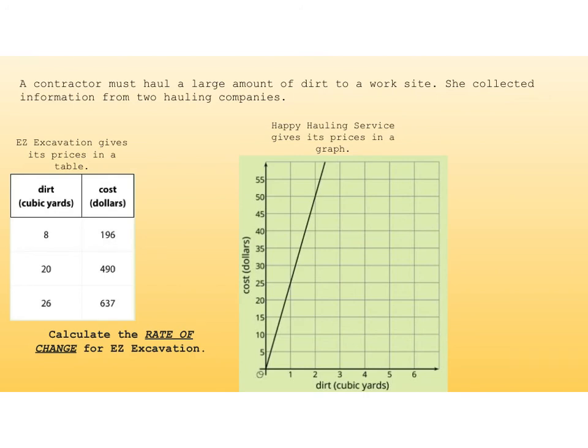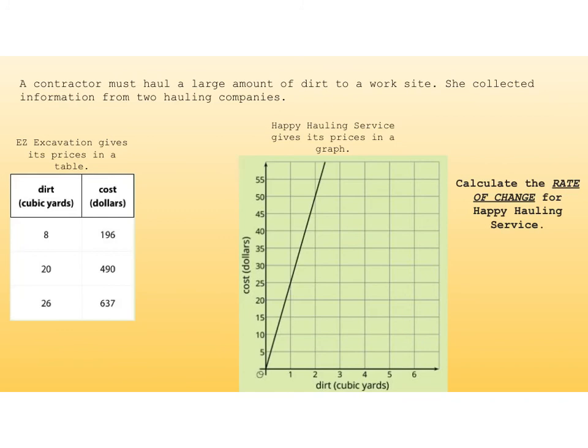We do that to find the cost. So let's see the rate of change, slope. What is it per yard to haul? And again here, how much is the rate of change, the slope, for Happy Hauling? How much per cubic yard do they charge?